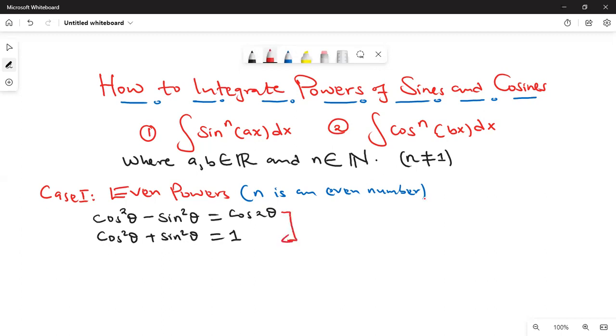So when you add, you're going to get 2 cosine squared theta is equal to 1 plus cos 2 theta.